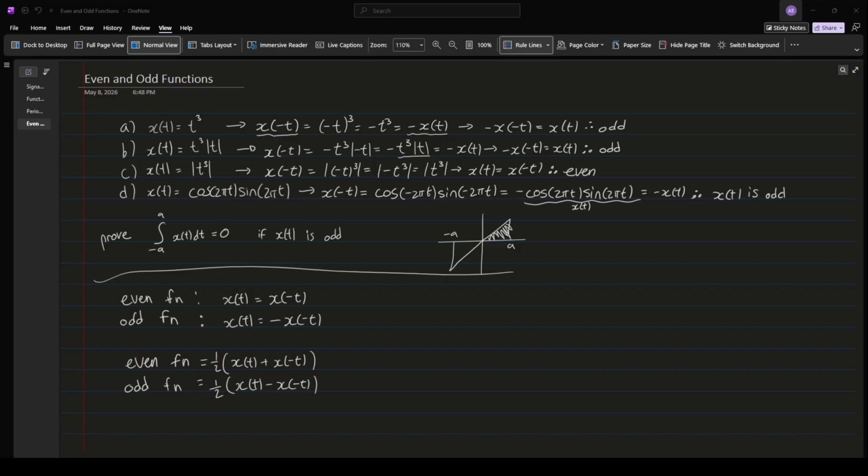So if you take the integral from negative a to a, because of the symmetry, you will have some area here, and you'll have that same area but negative. So the integral is just going to cancel them out, and it'll be equal to 0. This is proved graphically. Sometimes you have to use the property to prove it mathematically, but I won't be doing this for this video, so just do it as an exercise.